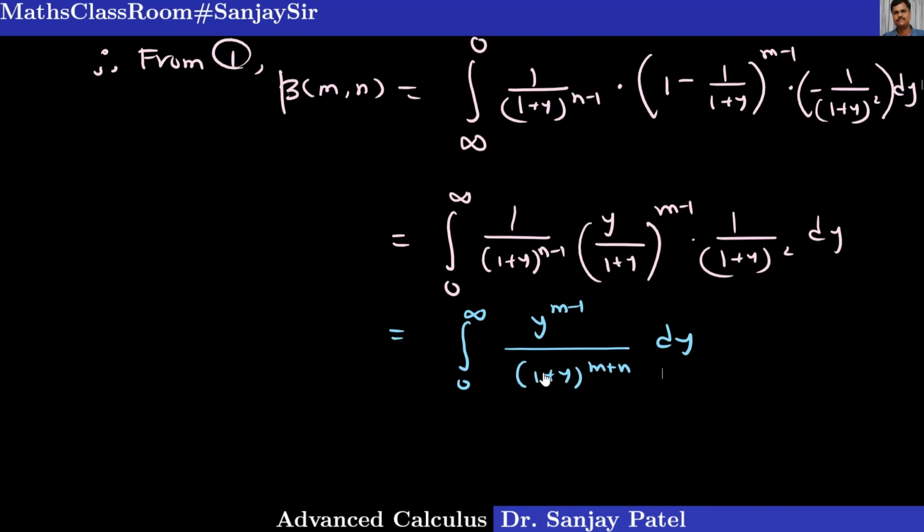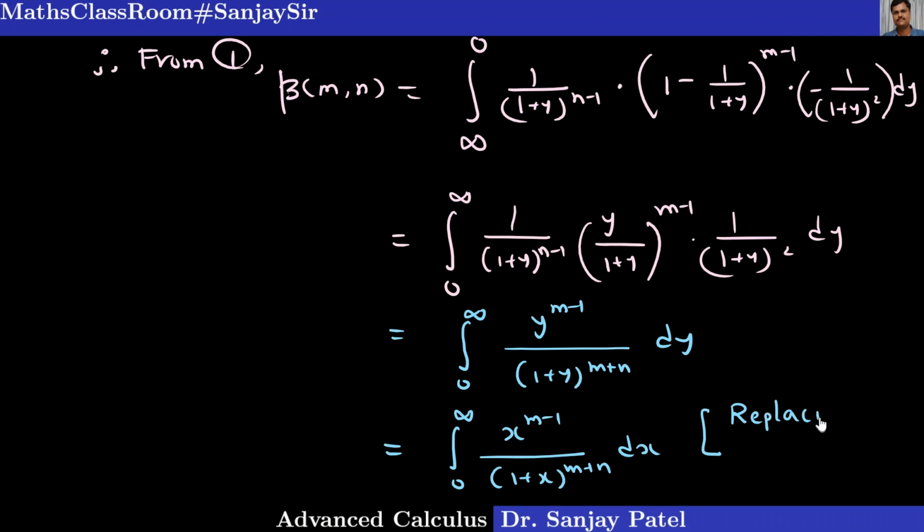And replacing the variable y by x, we get the required result. So this is equal to integral 0 to infinity x raised to m minus 1 upon 1 plus x raised to m plus n dx. What we have done is not any substitution but just replacing the dummy variable y by x, and this is our required result.